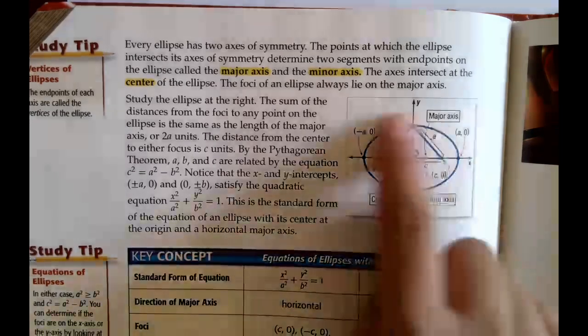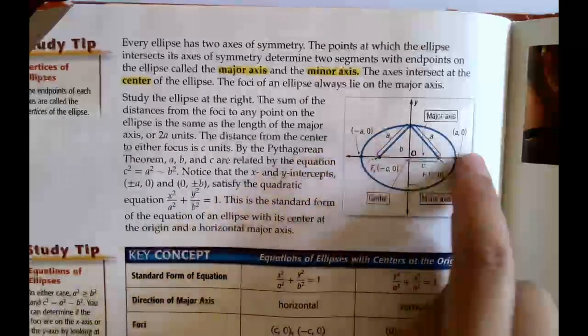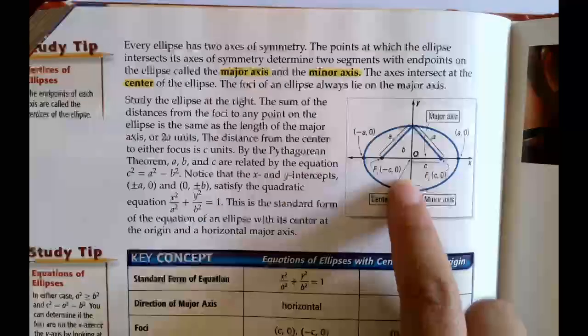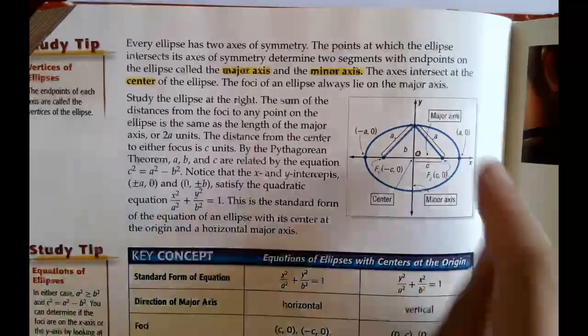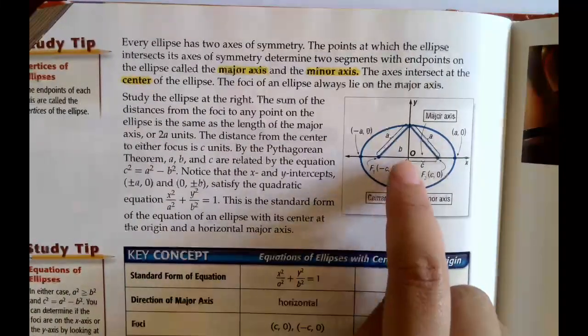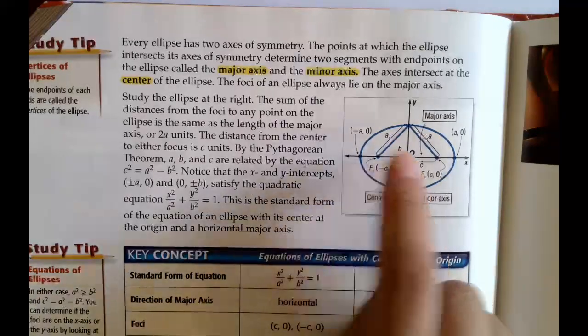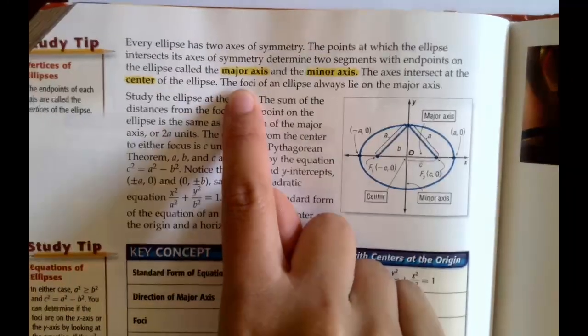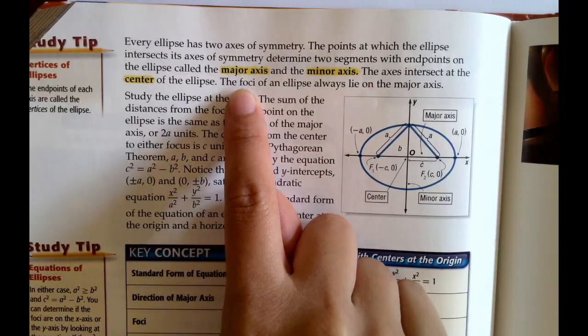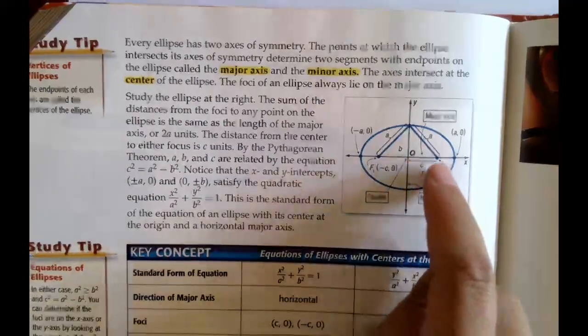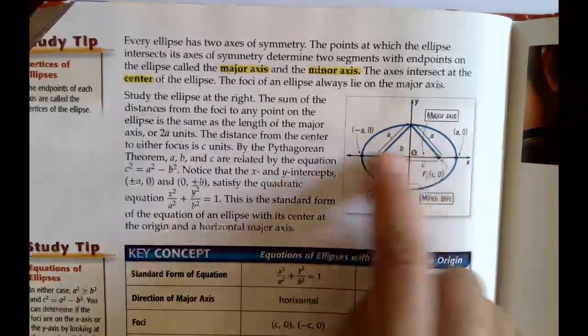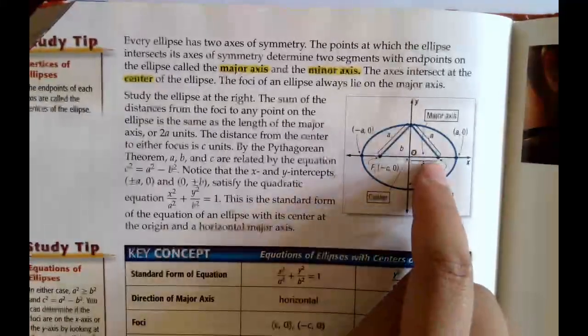So if this is your ellipse, this would be the major axis, and this would be the minor axis because it's shorter. They intersect at the center. And the foci of your ellipse are always going to be on your major axis. Since this is the major axis, note that the foci are on here.